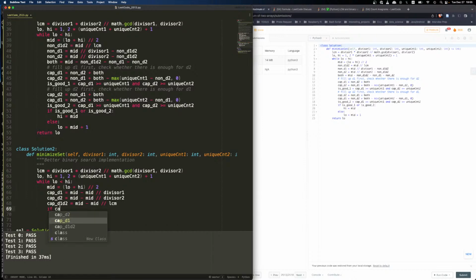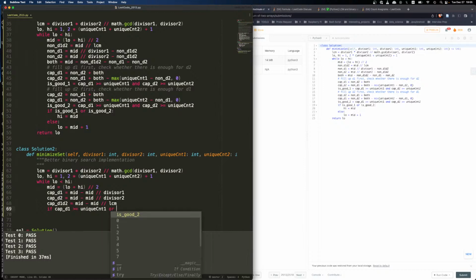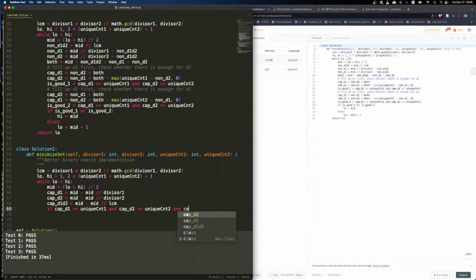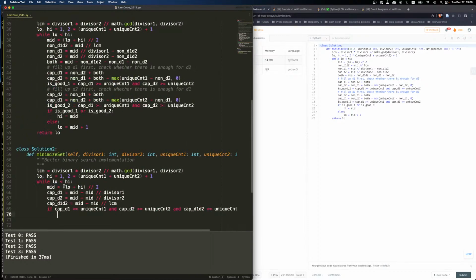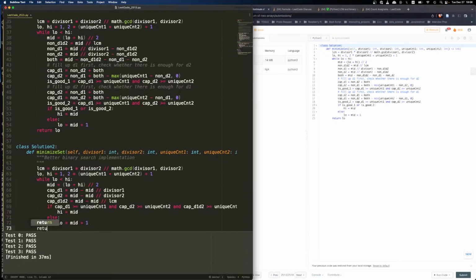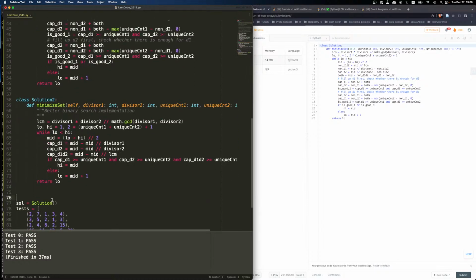So we say if capacity D1 is larger or equal to unique count 1, and capacity D2 larger or equal to unique count 2, and capacity both is larger or equal to unique 1 plus unique 2, then we say high equals mid, otherwise low equals mid plus 1. Now I return low. Okay, let's see if this one is right. This is correct.